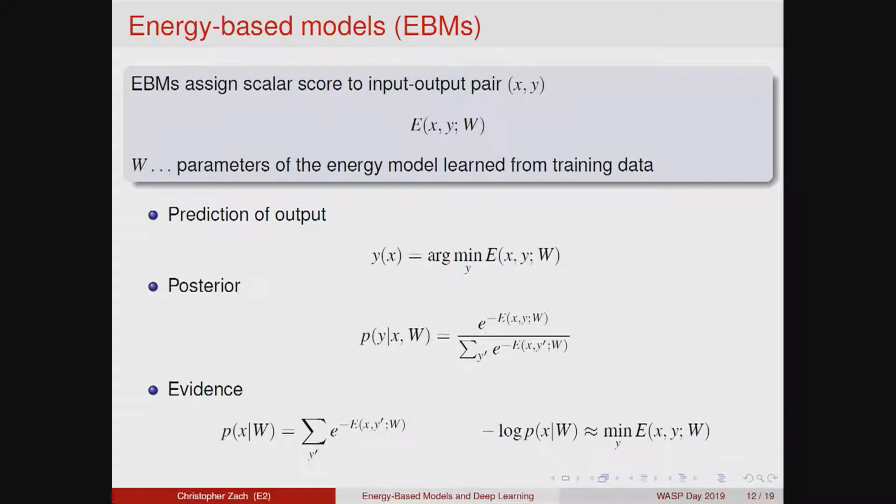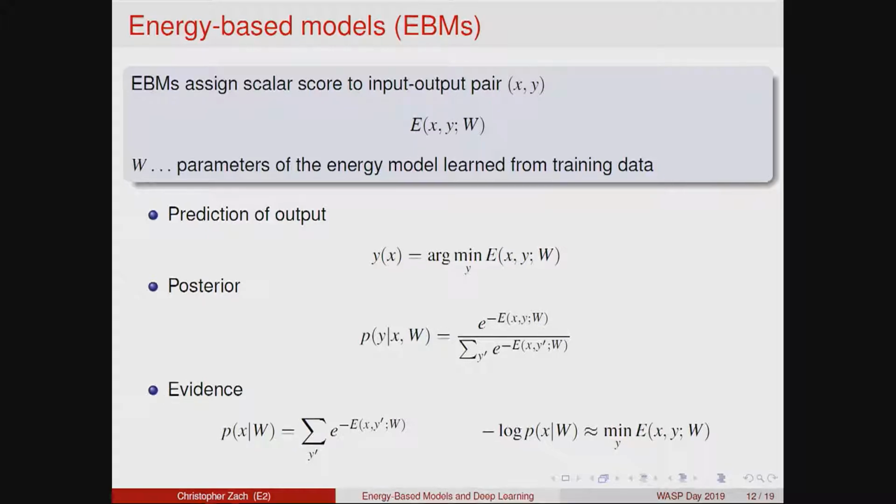So the idea is, for an input pair, input and output target, and given weights, you assign some scalar energy value that tells you how likely, in a way, this input pair is according to the weights. It should be a smaller value, close to 0, if it's very likely, and higher values if it's very unlikely. So this justifies using the term energy in this case.